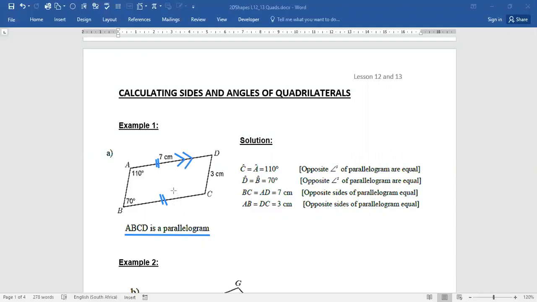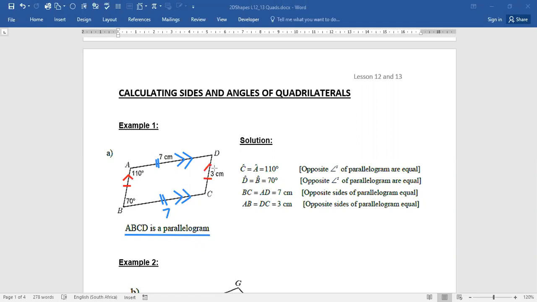By marking this, it makes it easier to find the answer. If this is 7, this side should be 7 as well. Both opposite sides are equal, so this pair is equal as well. We can mark it parallel, although we're not going to use that immediately.